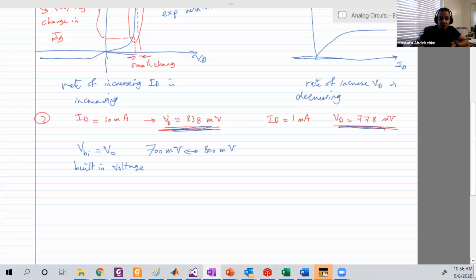They are telling us that when the diode operates or conducts, its voltage is usually very close to its VBI. It's a built-in voltage, a constant for any diode. When you buy a diode, if you look at the data sheet, VBI is given; for silicon, it will be between 700 millivolt and 800 millivolt.